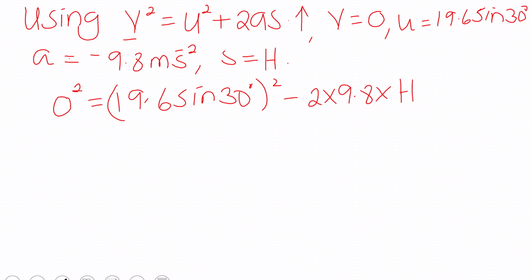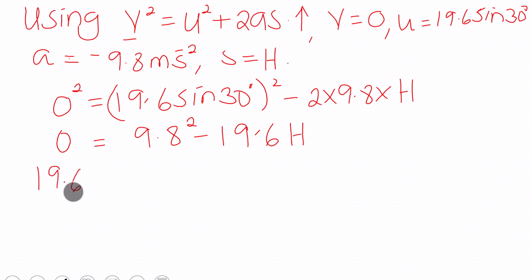So from here, we'll have 0 equal to 19.6 sine of 30 divided by 2, we're going to have 9.8 squared, then minus 19.6 h. And when we bring 19.6 h to this side, we'll have it equal to 9.8 squared.